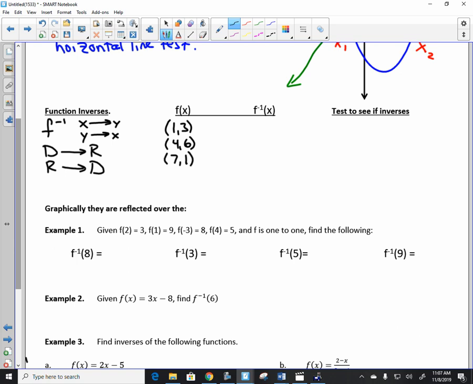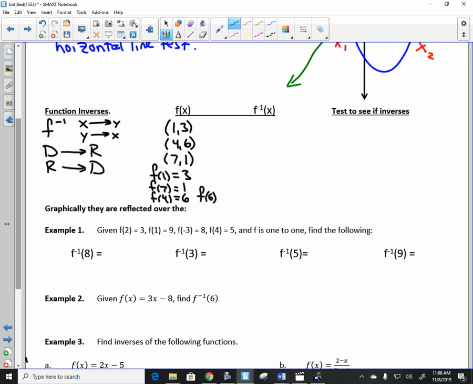If I ask you, what is f of 1? If I plug in 1, what do I get for an output? I get 3. Any question there? If I ask you f of 7, what would you tell me? You tell me 1. If I ask you f of 4, what would you tell me? 6.